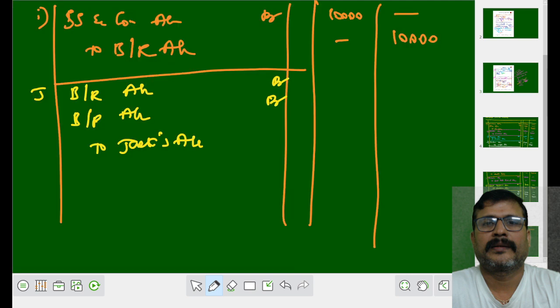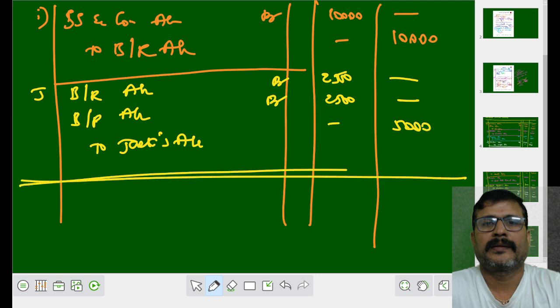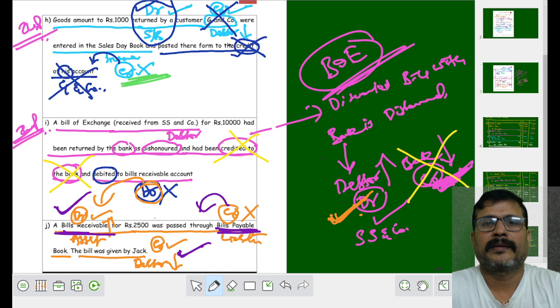An amount of rupees 2,500, 2,500, total 5,000. Being, narration, I tell you: being wrong credit in bills payable account is rectified.